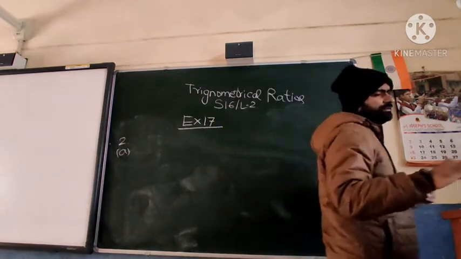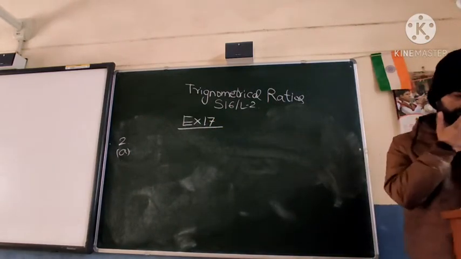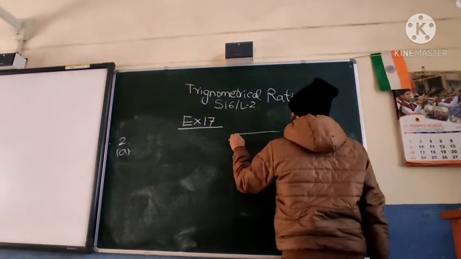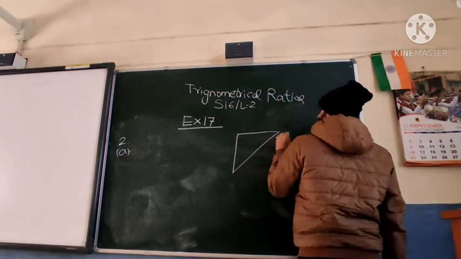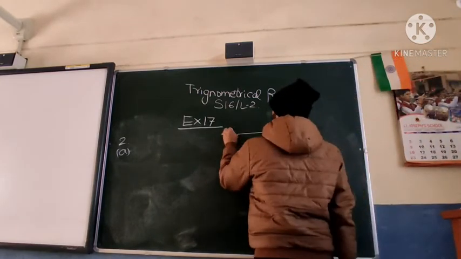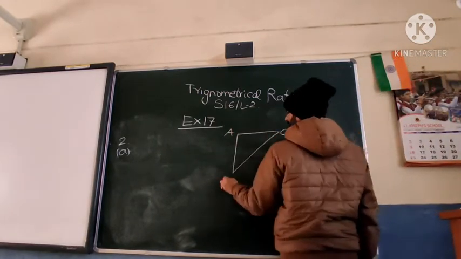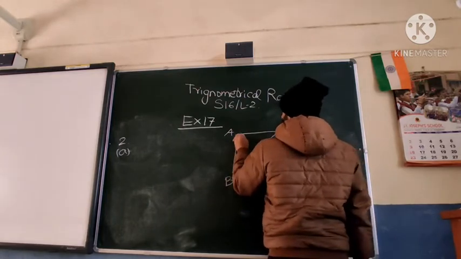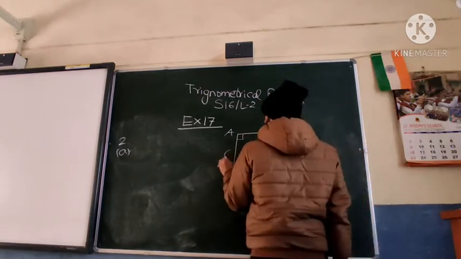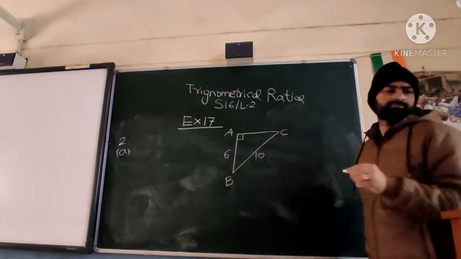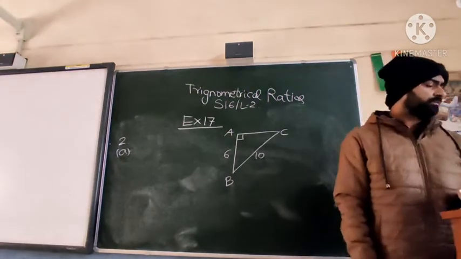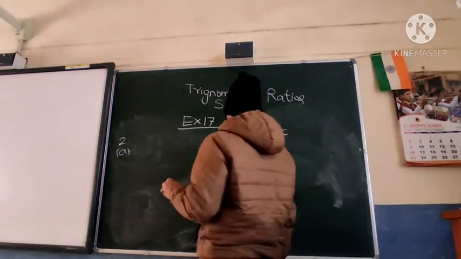A triangle is given to us for figure number 1. Let the triangle be drawn in any way, not clear. Sides 6, 10. The first part is saying find sin B.